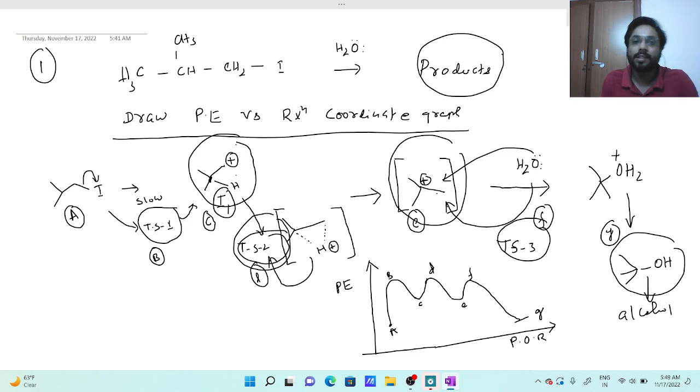So I think this picture must have cleared all the things about the potential energy and reaction coordinate graph. Now a few more things I would like to discuss in this particular session. So what are the factors which affect the Sn1 reaction?